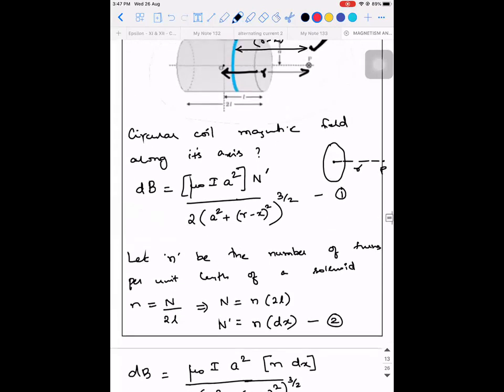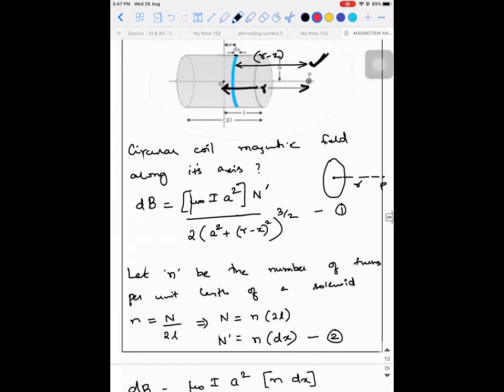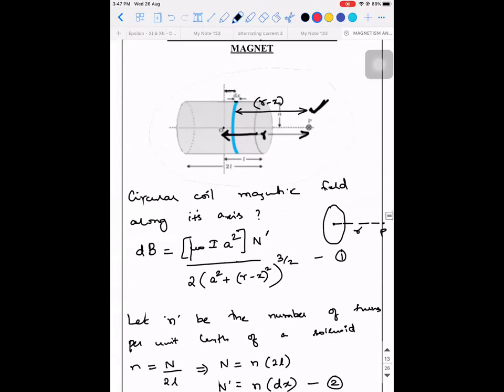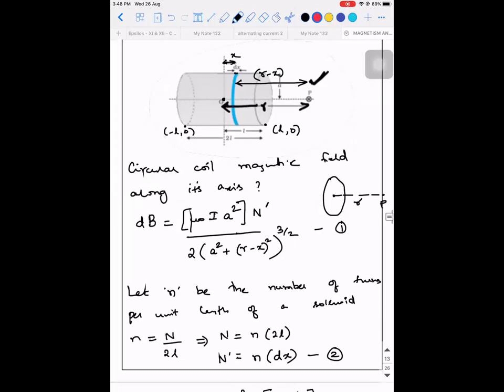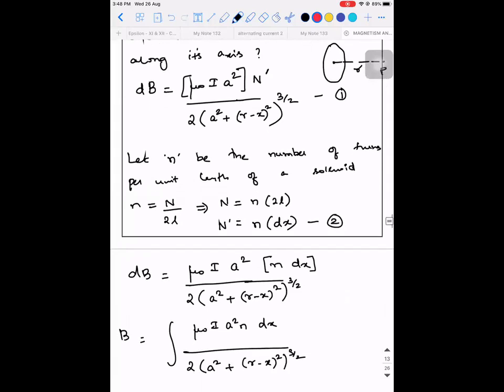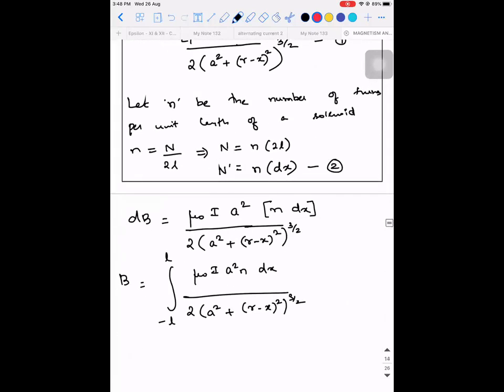Now tell me the limits. Where is the value of x varying from? If this is taken as the origin, then this point will be minus L comma 0 and this point will be L comma 0. So what are the limits I need to introduce? Minus L to plus L.